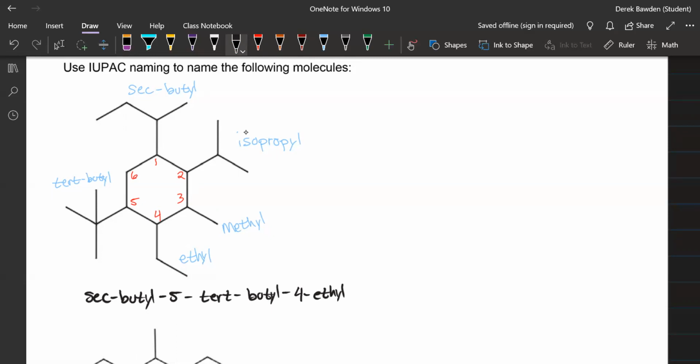So we have our 4 ethyl, then 2 isopropyl, then 3 methyl. What's our parent chain?